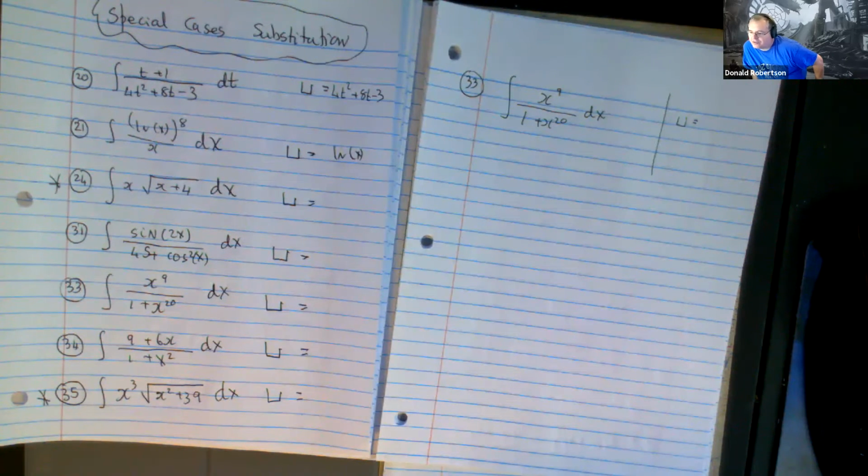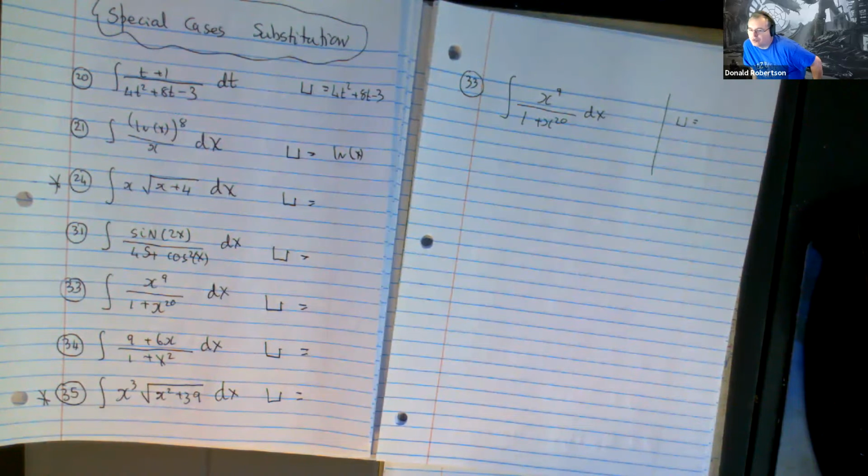Because isn't it a fraction? And the rule is when it's a fraction, pick the guy in the bottom. 99% of the time, that will work perfectly fine. But this is a special case situation. So in special cases, anything can happen. And let me tell you right now that 1 plus x to the 20 is not the correct u sub.